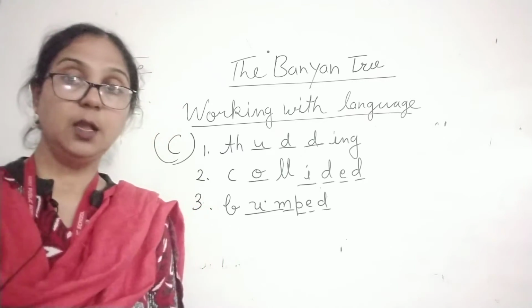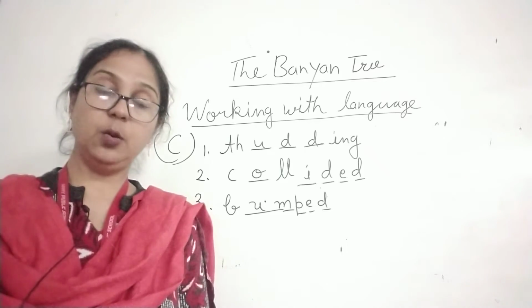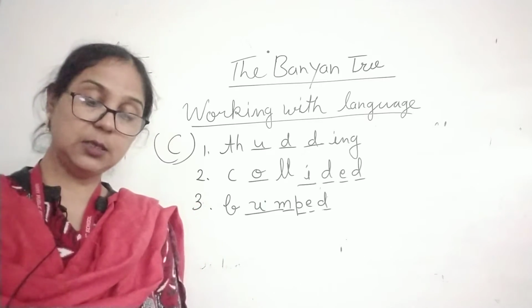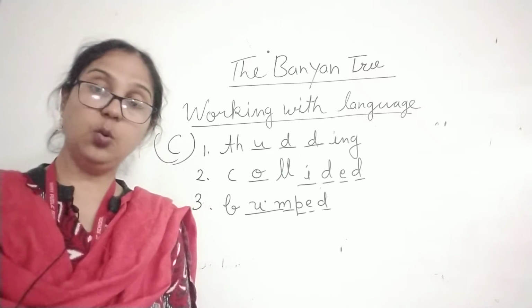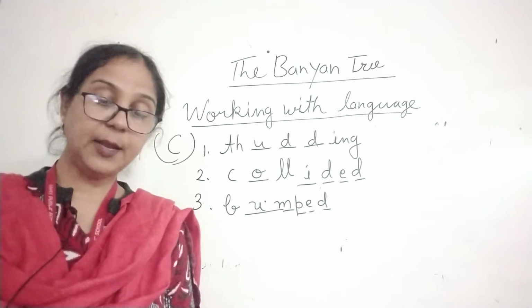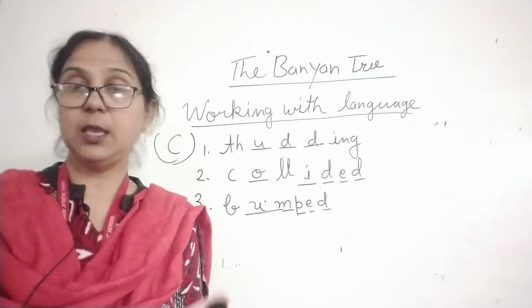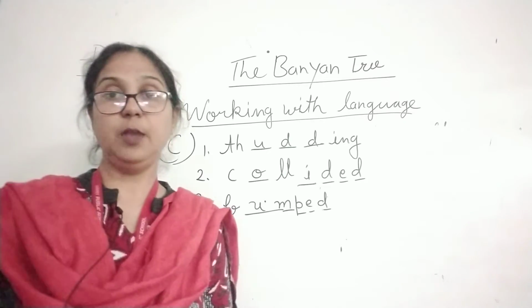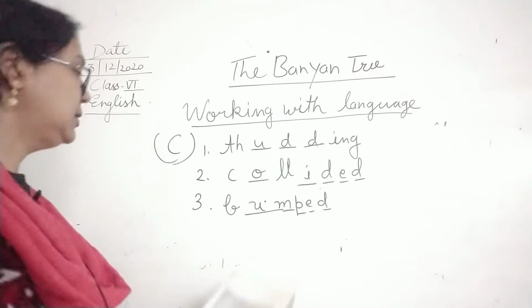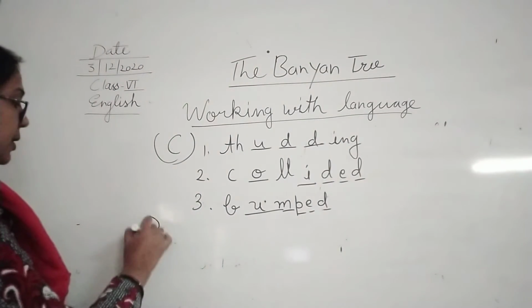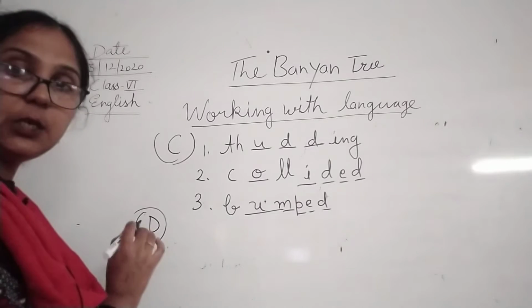So children, we should write the whole sentence again, because this is very important for us. If we are not writing the whole sentence, only replacing the word, we cannot understand what we are going to write. So children, let's write or complete exercise number D.